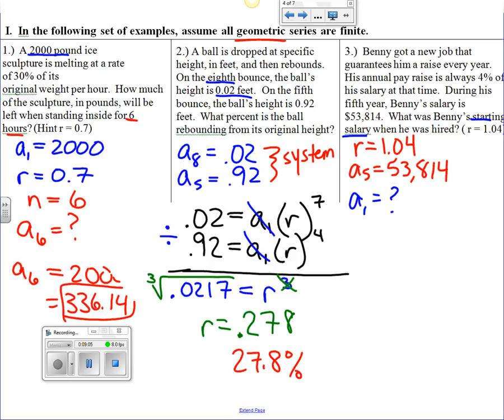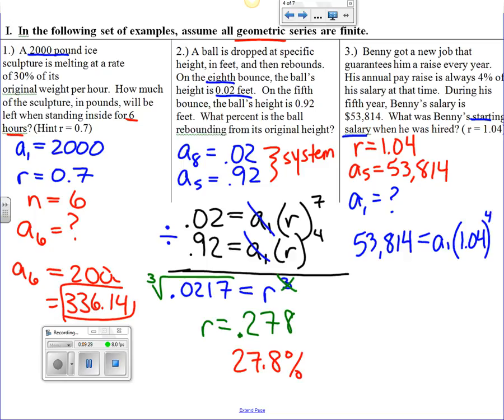Austin, which formula are we going to use? Top one. Rudy, what goes in the AN spot? Good. Equals A1 times 1.04. And guys, what goes in the n minus 1 spot? 4.